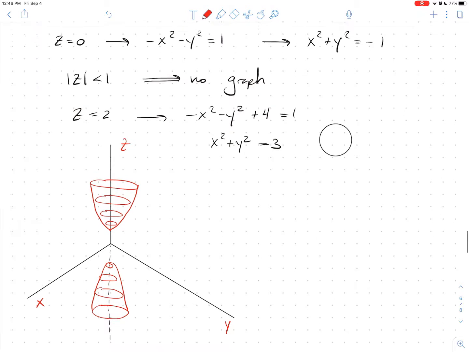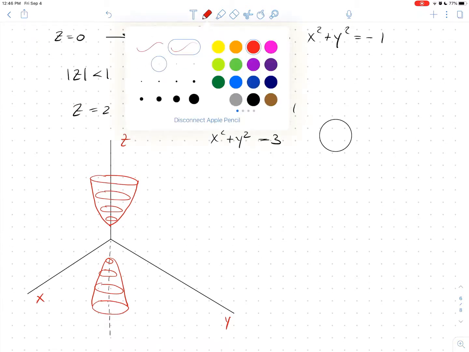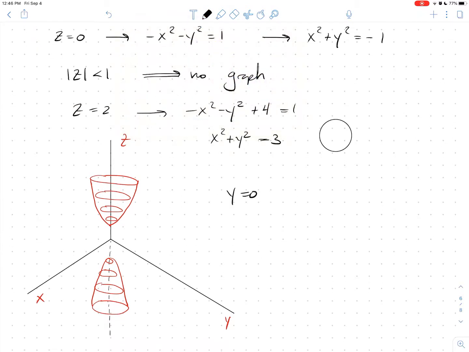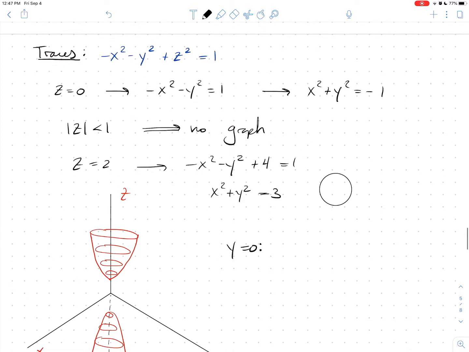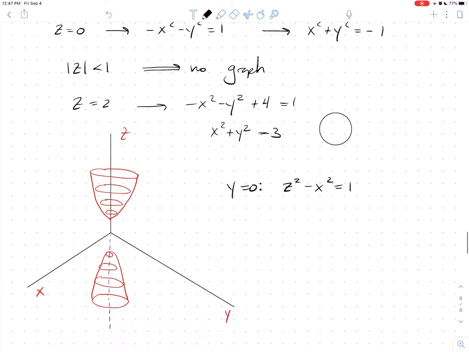Let's just look at y equals 0. Going back to the graph, I get z squared minus x squared equals 1. If I think about this in the xz plane, this is a hyperbola, and it's going to open that way. You can see that was exactly what we found. There's that hyperbola opening this way.